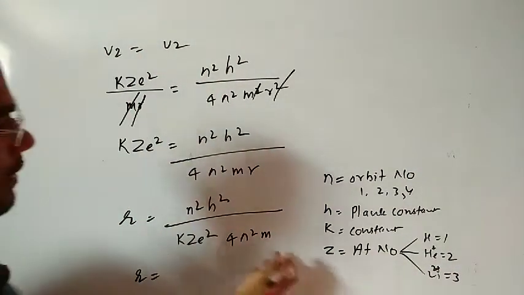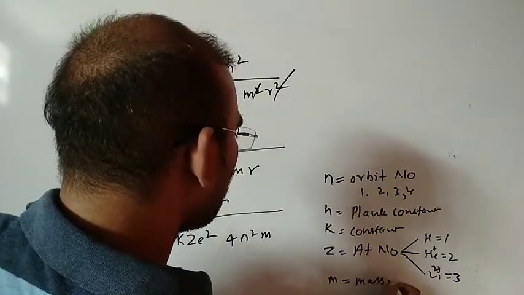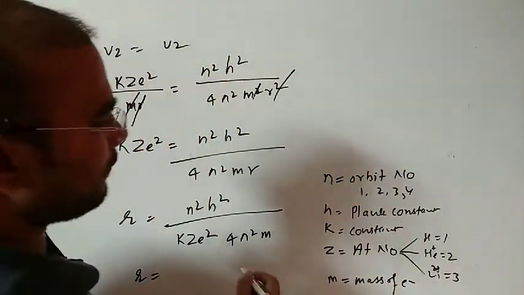Pi is a constant, m is the mass of the electron. So which is the variable?